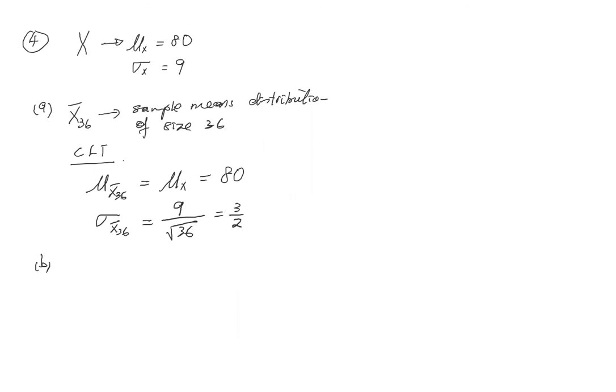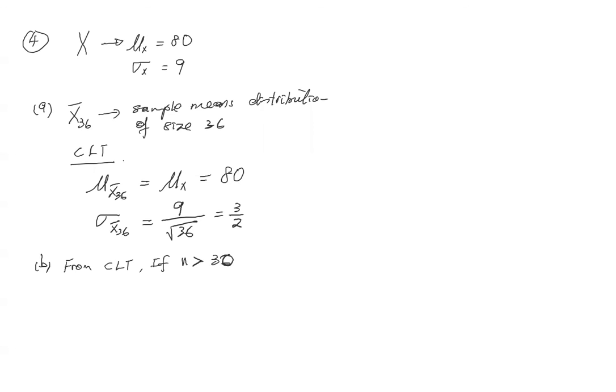Is X bar 36 normally distributed? We know from CLT that as long as N is greater than 30, it is.